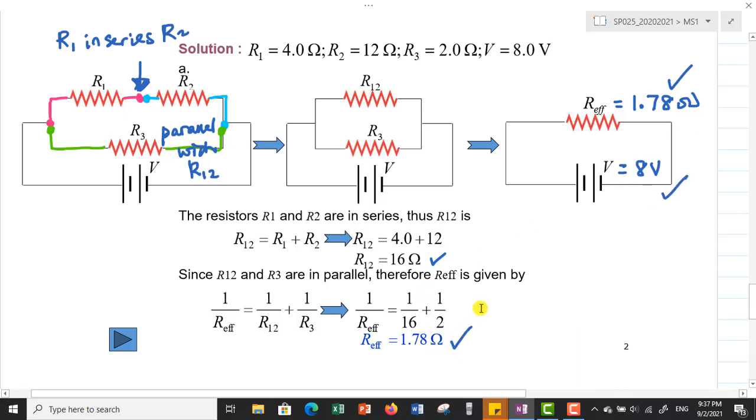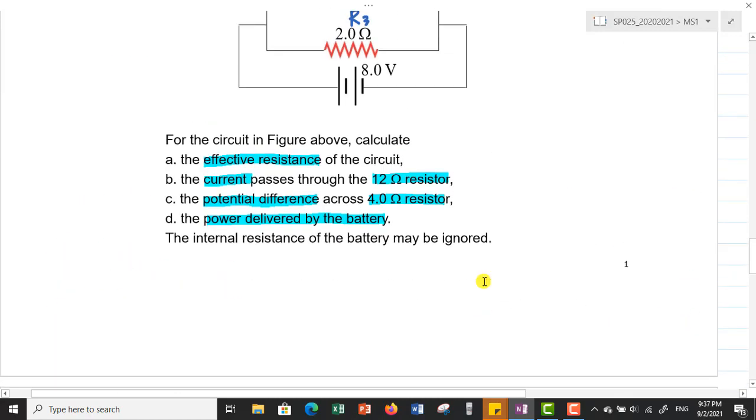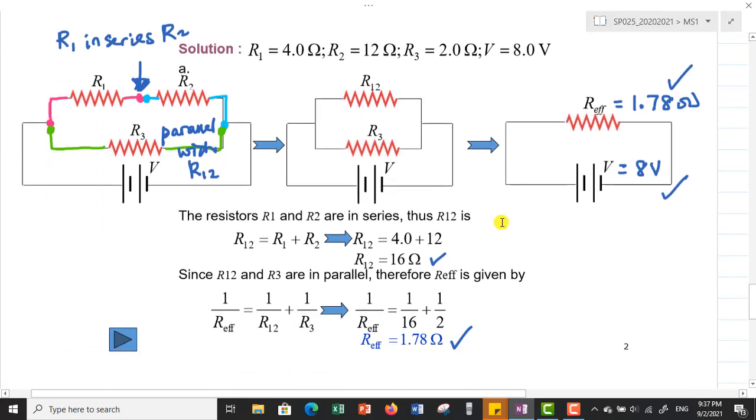Then question B: we want to find the current passing through the 12 ohm resistor. I want to find the current passing through R2, so I label it as I2.